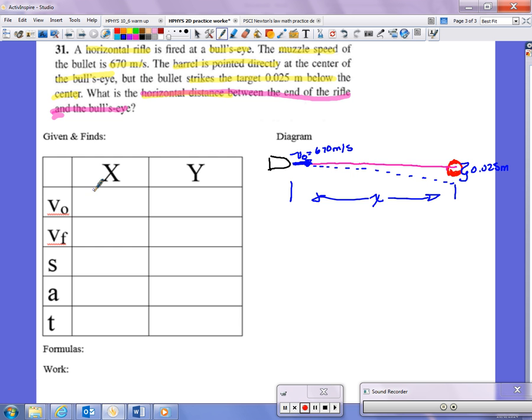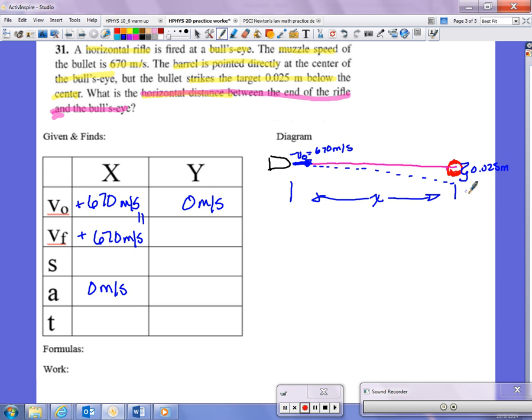All right, so let's start filling things in. We have 670 meters per second for horizontal velocity. We know it's purely horizontal, so we have 0 meters per second for the y initial velocity. We know that our acceleration in the x direction is 0, so that means these two values are equal. 670 meters per second is the x component of the final velocity.